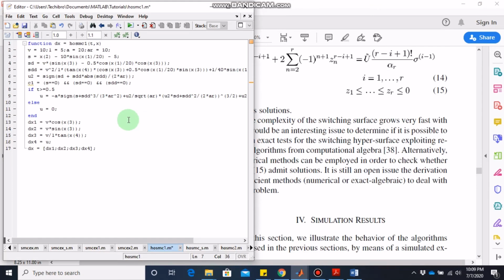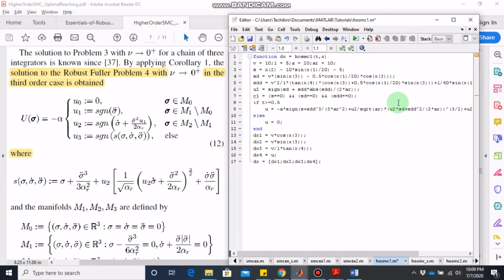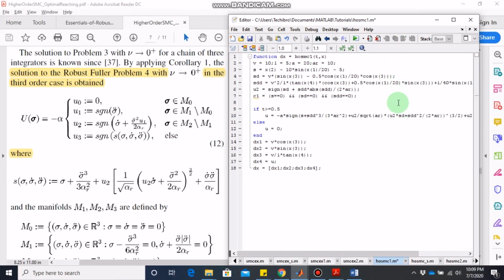Back to the code and we can just implement the condition 2, C2, which is the condition relevant to M1.